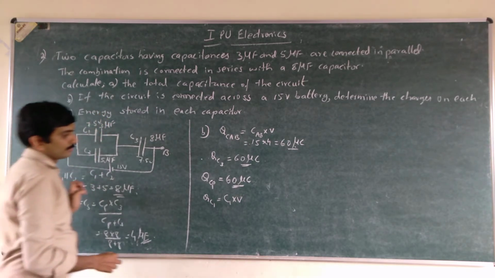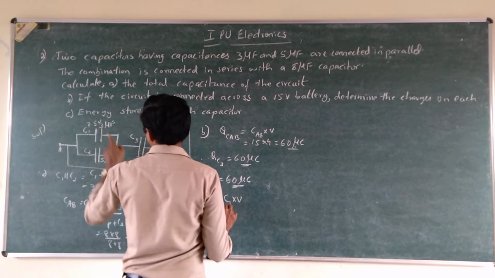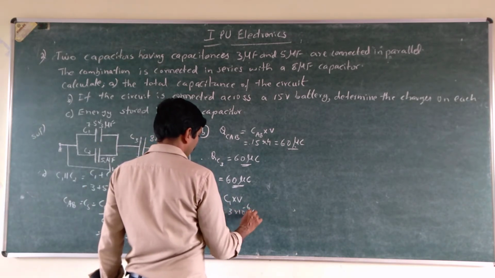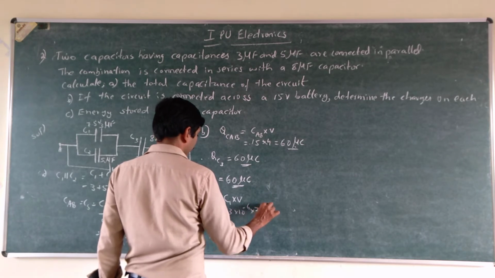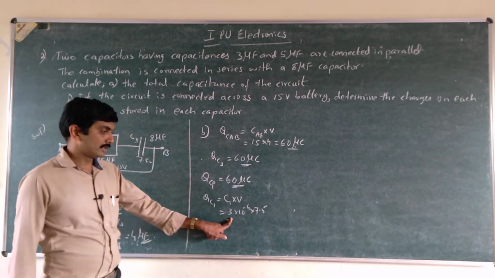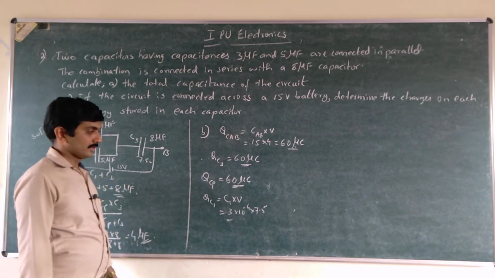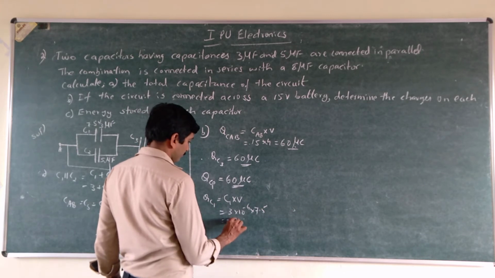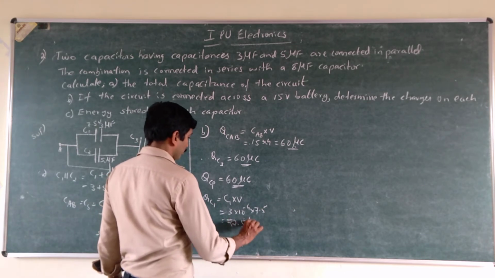Therefore, QC1 is equal to C1 into V. It is equal to 3 microfarad into V, 7.5. That is equal to 21 plus 0.5 into 3, 22.5 microcoulomb.